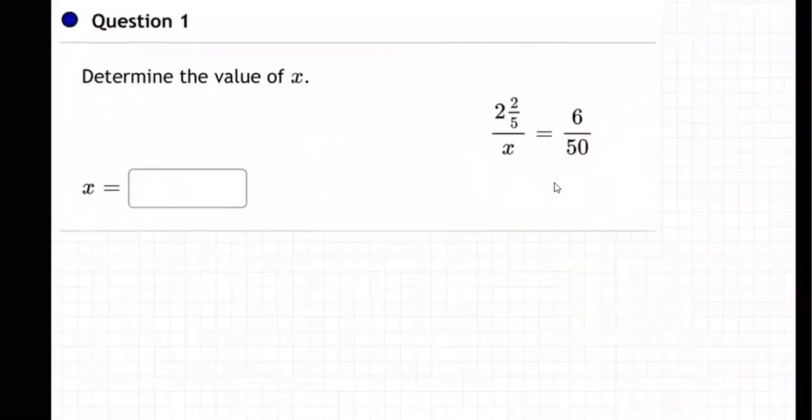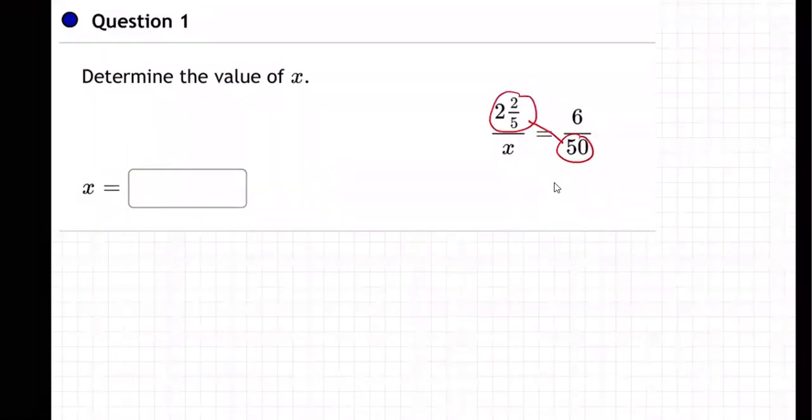Okay, so question number one, let's do it. So anybody know already, how do you solve two equal fractions like that? Anybody seen this kind of thing before?